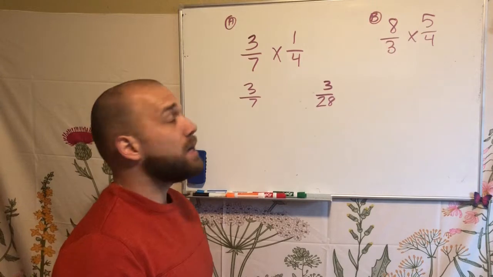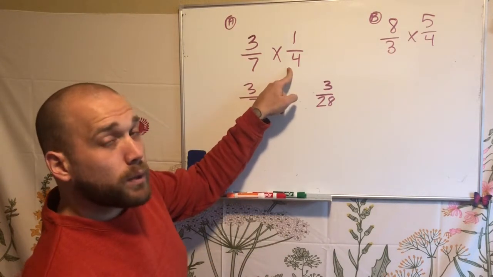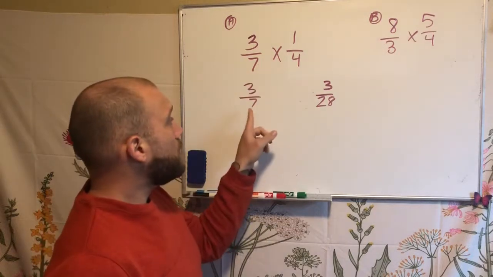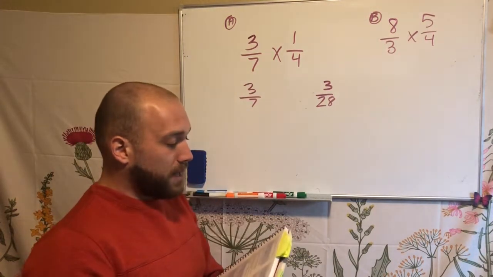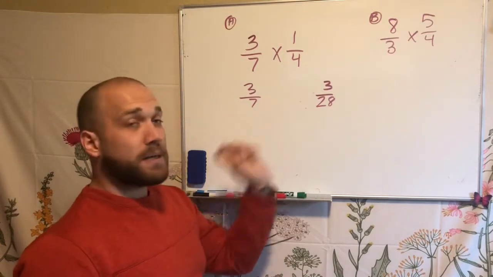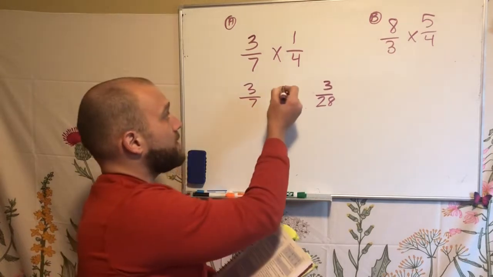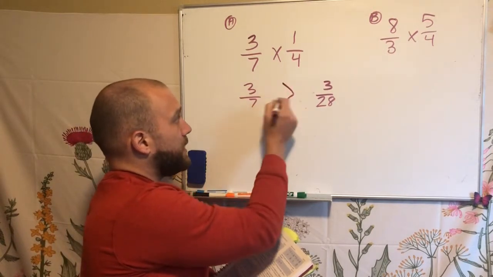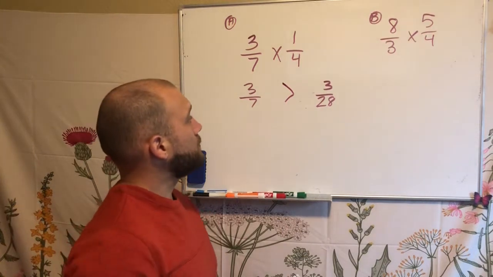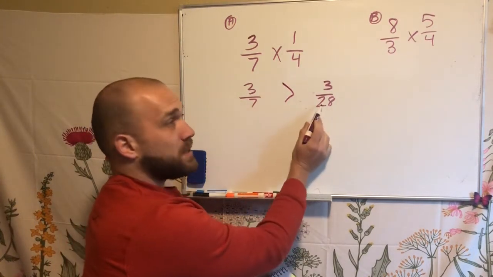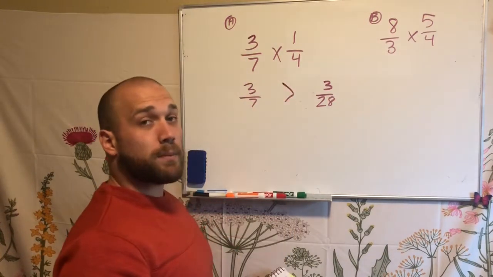Remember, we're multiplying it by a fraction that is less than 1. It's only 1/4. So we multiplied it by something that is less than 1, so we end up with a number that is what? Less than 3/7. So we can draw the less than sign because 3/7 is greater. This fraction is bigger than this one. How do we know? Because we multiplied it by a number that is less than 1.